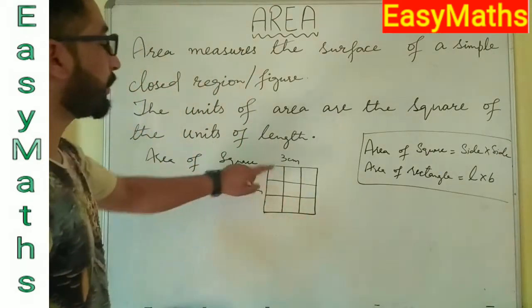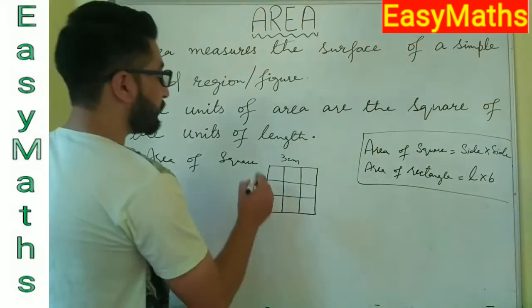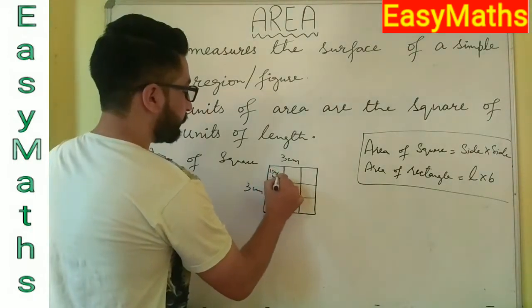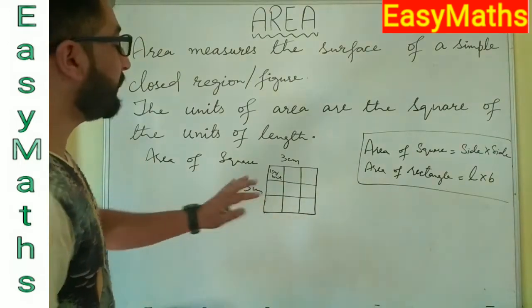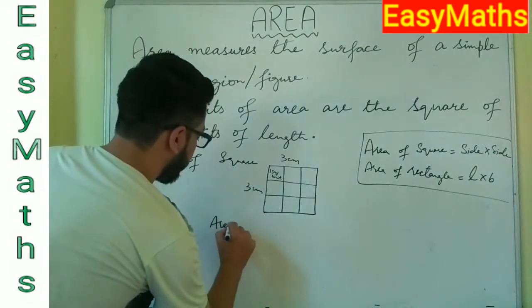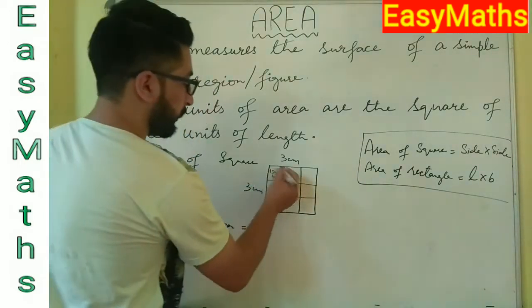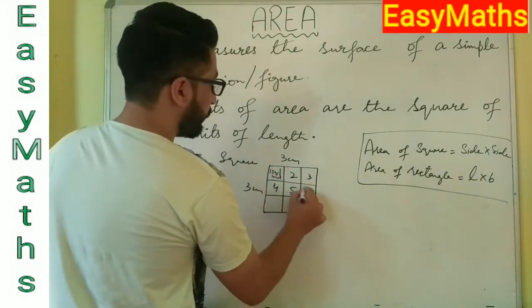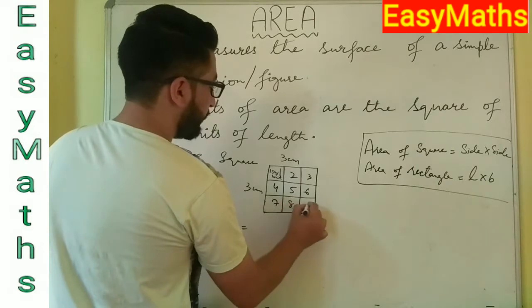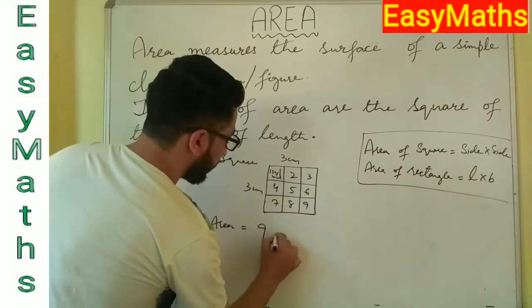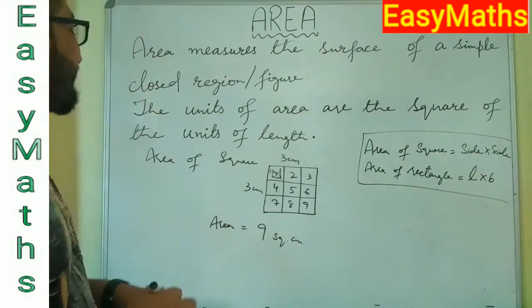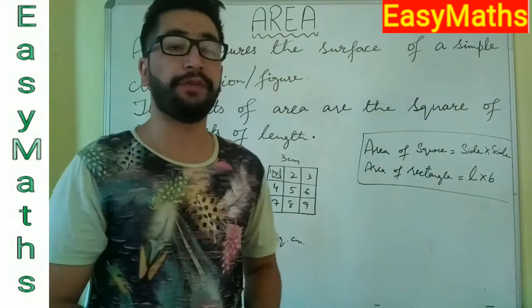Each square here represents 1 square unit. So what will be the area of this square now? We can count them: 1, 2, 3, 4, 5, 6, 7, 8, and 9. So our answer is 9 square centimeter. So this was about how we find the area of a square.